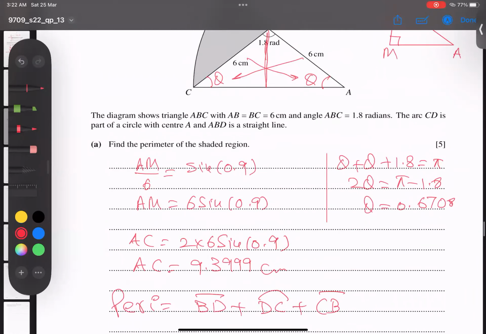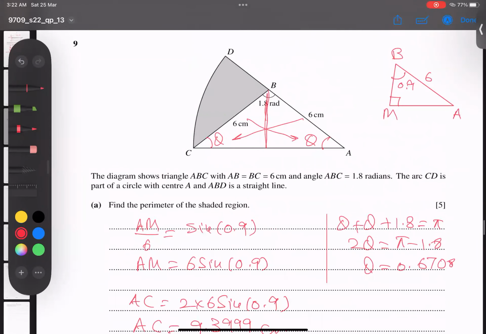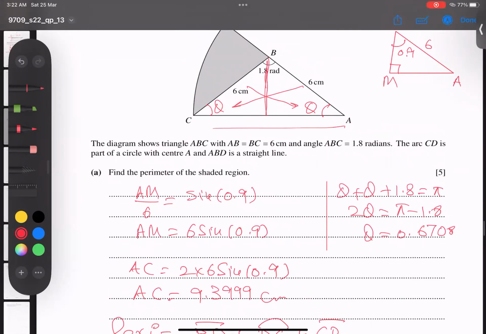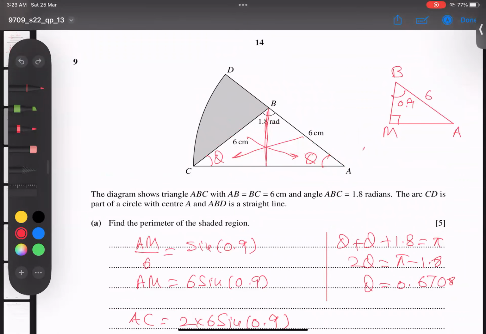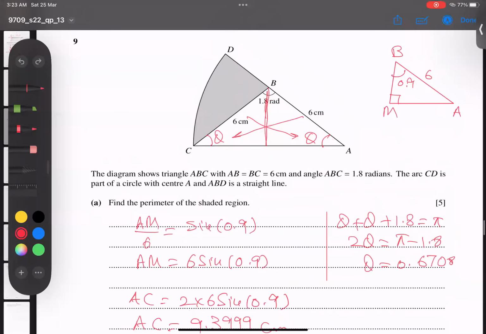So what is DB? What is the common sense? What is this radius? It's 9.3999 radius. It means this full length is the same as the radius. So 9.3999, and subtract 6, I will get this gap.